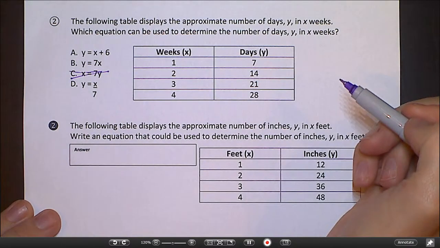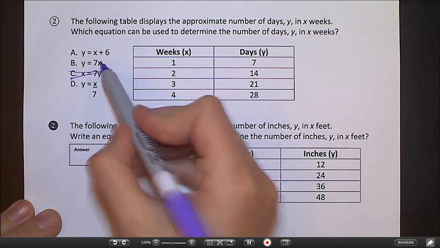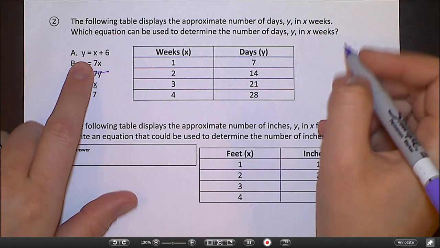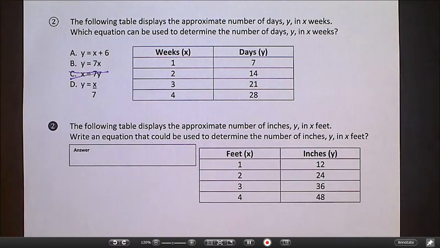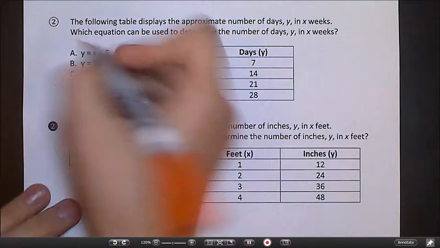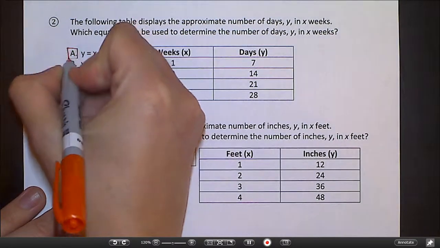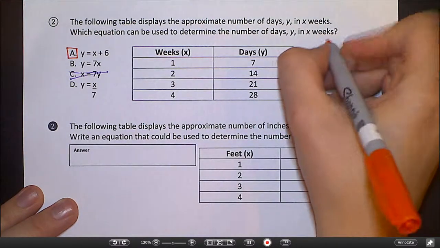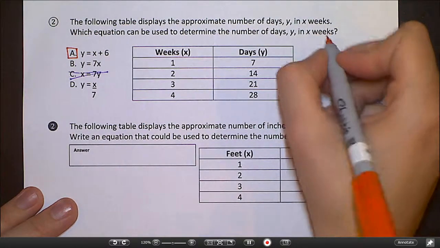Okay, so I want to see which one of these fits my table. So here, I'm going to actually do these in different colors. Okay, so A, we'll do that in orange. It says y equals x plus 6.